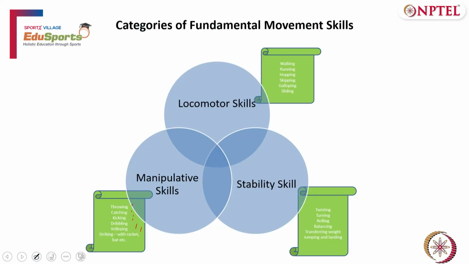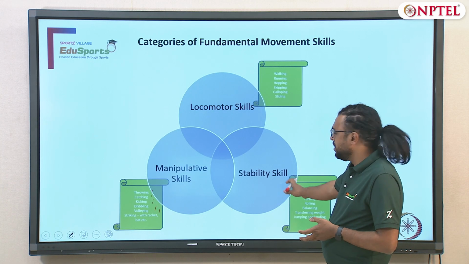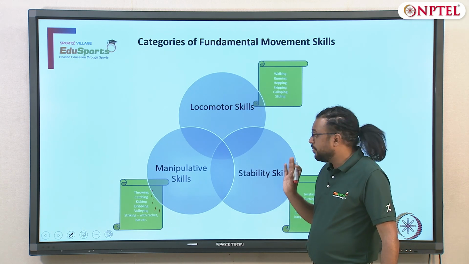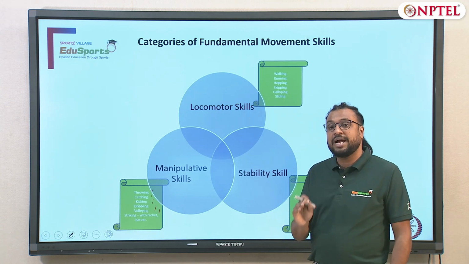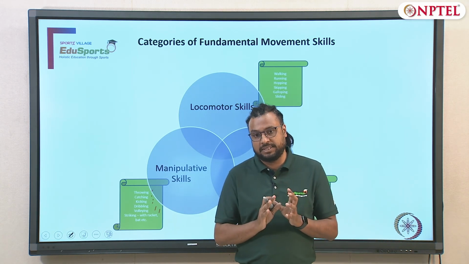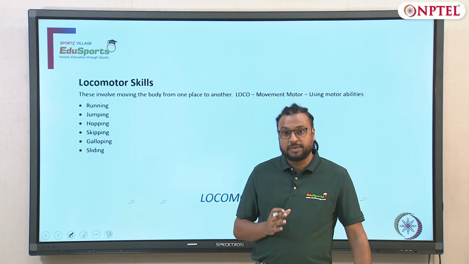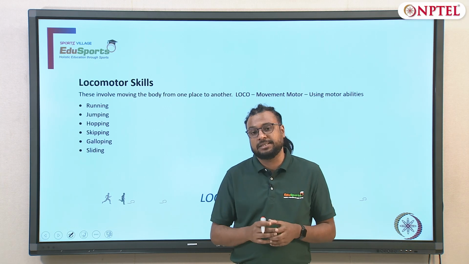These skills are activities that you do: turning and twisting, rolling, balancing, I would say all yoga, so all these are stretching exercises, all come under stability skill. So, these are the three important skills that a child must learn in the formative years. That is why it is called the foundational skills, the building blocks for other skills.